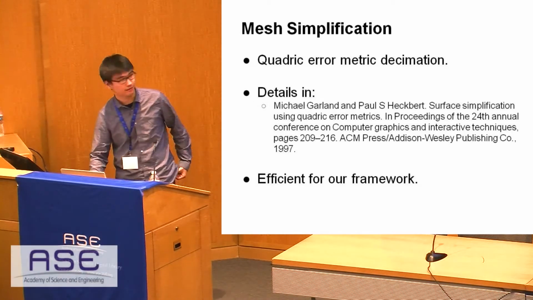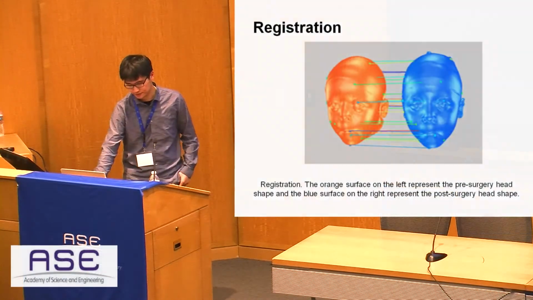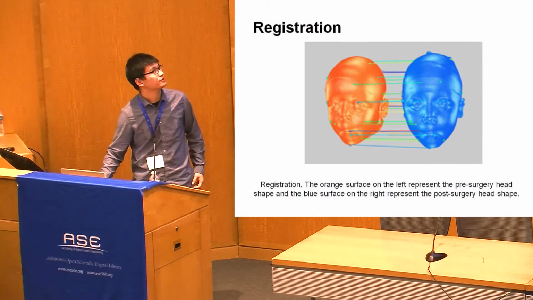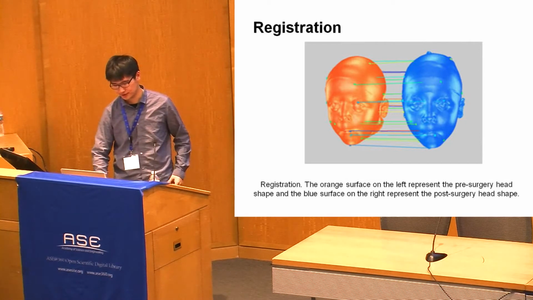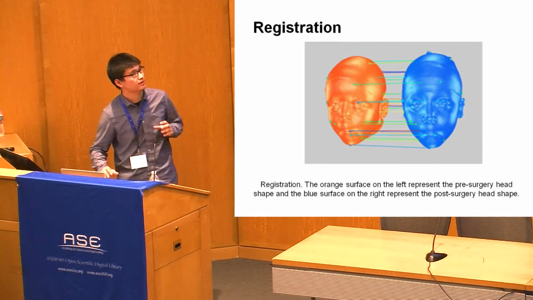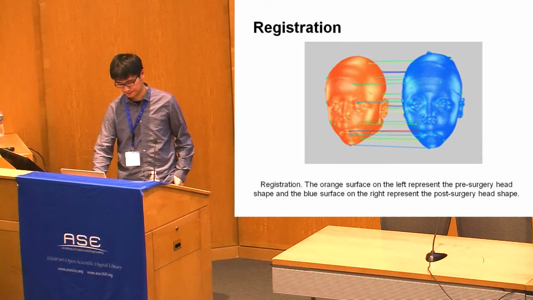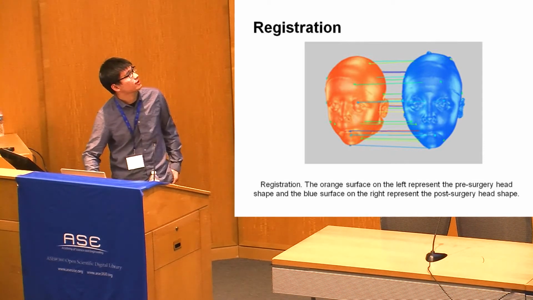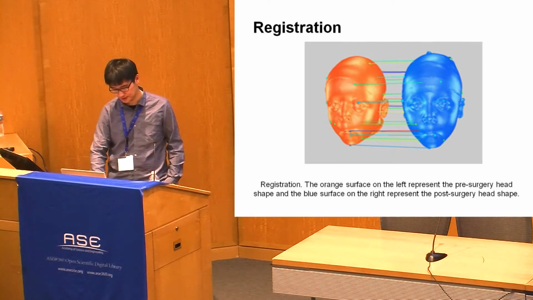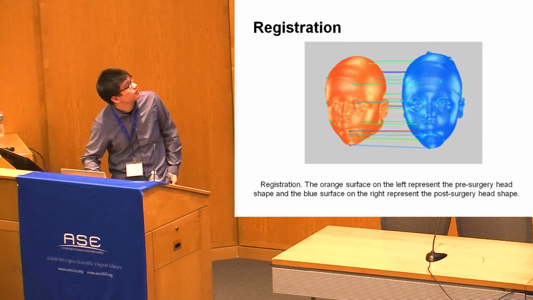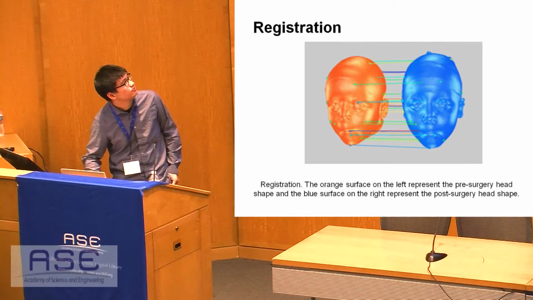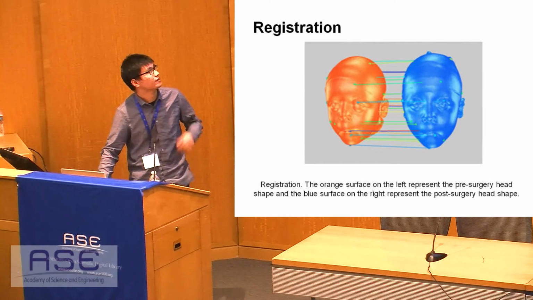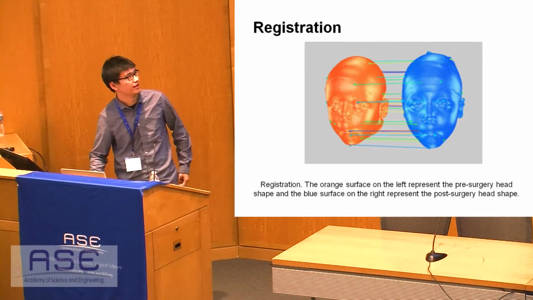The next step in our framework is to do the registration. The purpose of registration is that for each point on the pre-surgery surface, we want to know exactly which point on the post-surgery surface this point should be mapped to. In this graph, which is a mesh simplification result, you can see the lines just mean this point will be mapped to this point on these two surfaces, and they are going to be the correspondence for our further analysis.